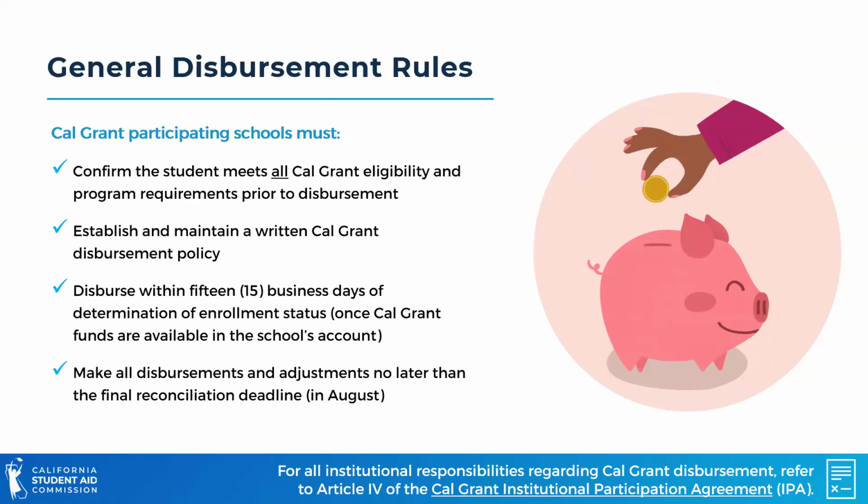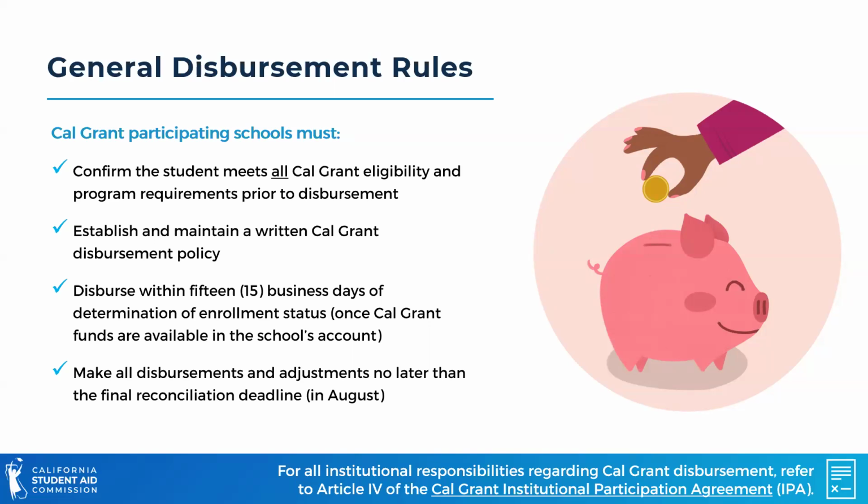Now, schools should also be disbursing Cal Grant funds within 15 business days of when you've determined the student's enrollment status. But now that we don't do advances as we once did, this time frame applies once Cal Grant funds are available in your account.